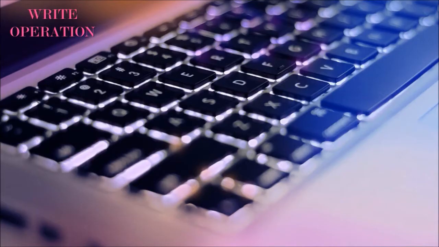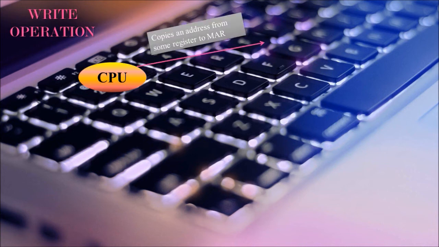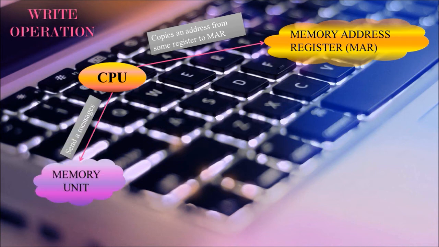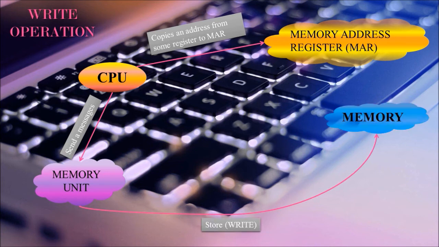Write operation. The CPU copies an address from some register in the CPU to the memory address register, MAR. At the same time, the CPU sends a message to the memory unit that the memory transfer is a store to memory.